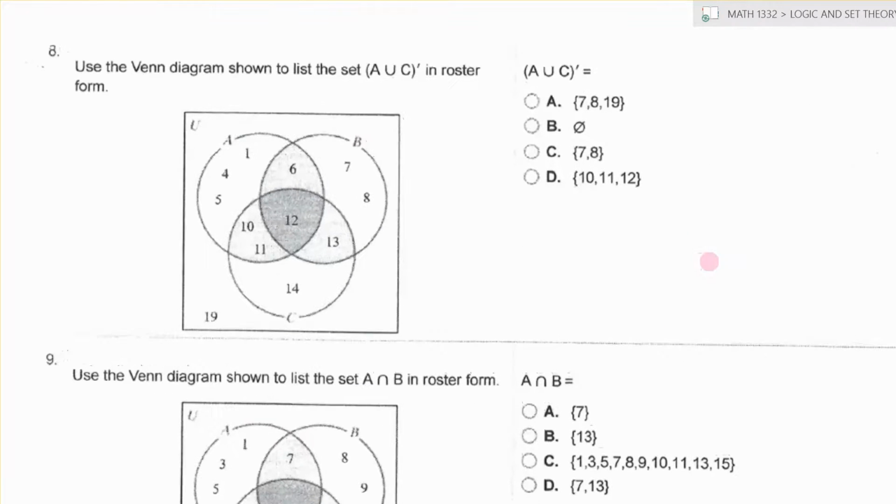Okay. The next one is we want to know what I'm supposed to list. Now I'm supposed to actually list elements in a set, not just naming regions. A union C, the complement.